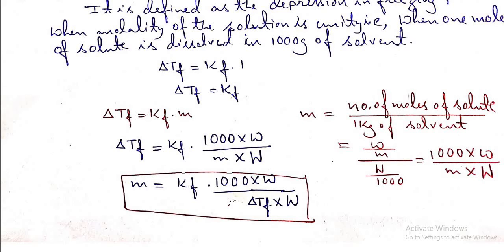From this expression we can get the molecular mass of the solute, small m, equals Kf, that is molal depression constant or cryoscopic constant, into 1000 into small w divided by delta Tf, that is depression in freezing point, into capital W. In our next class we will be doing the numericals based on these equations.